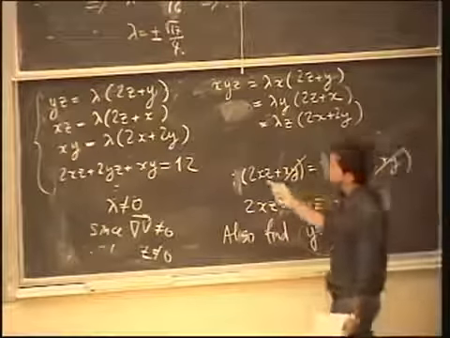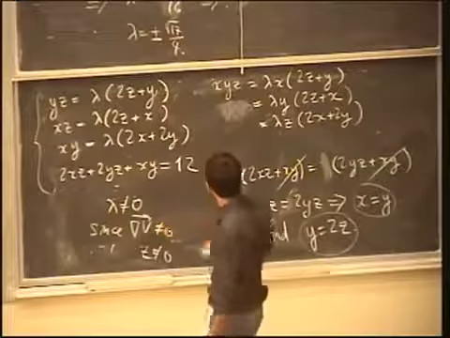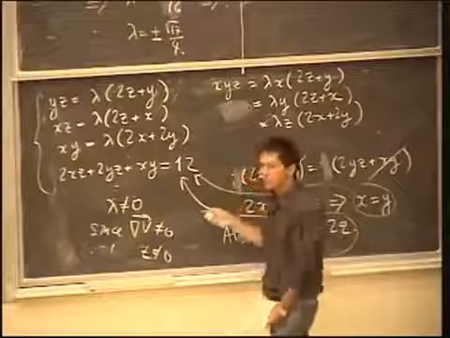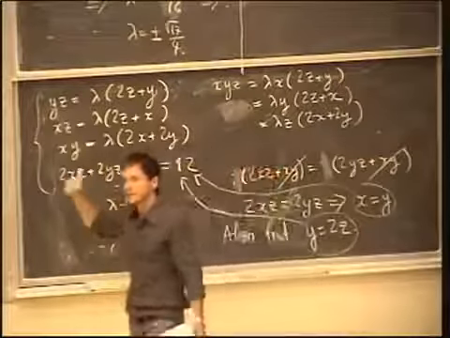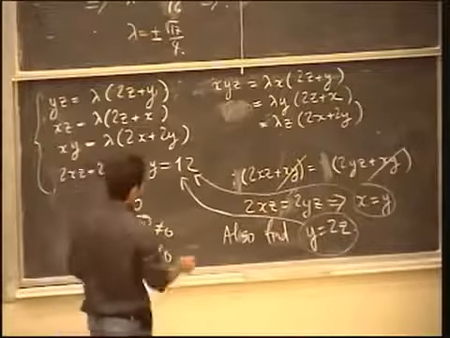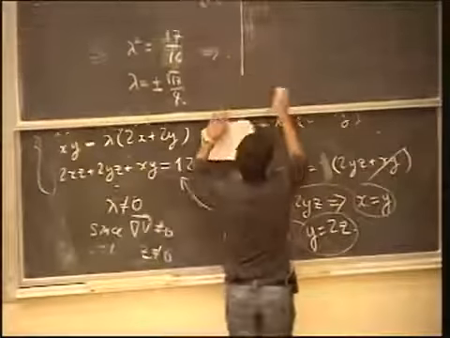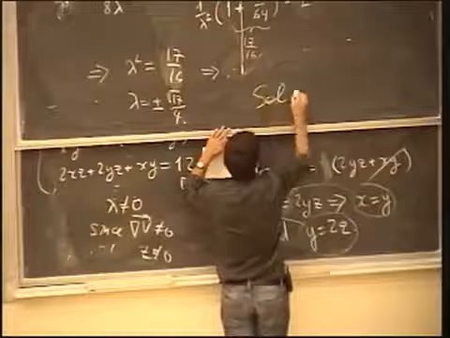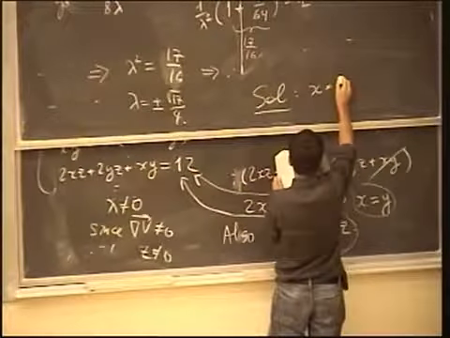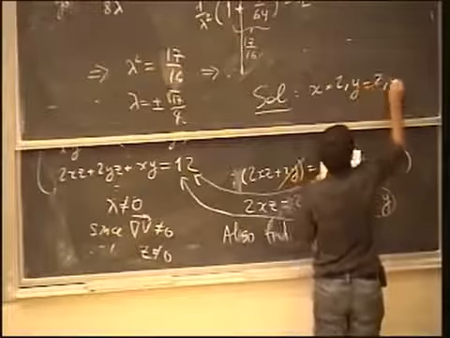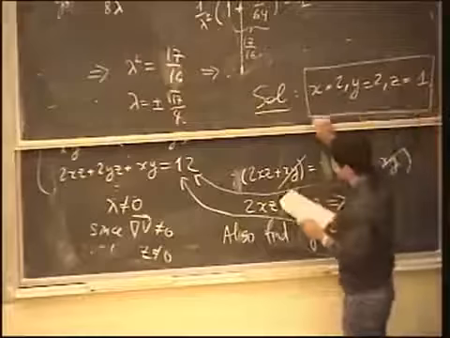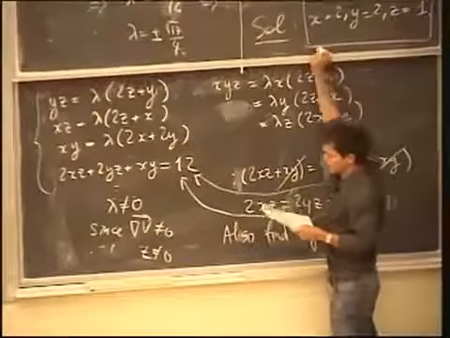Now you can substitute them into the last equation. You can express all of them in terms of z, find x, find y. And that's the solution. The end result is x is 2, y is 2, z is 1. And that's the box that you get.